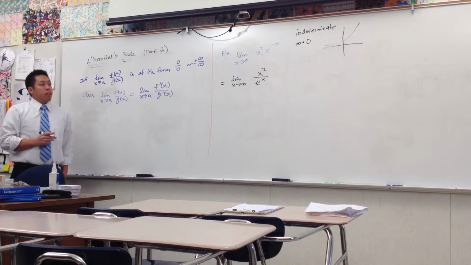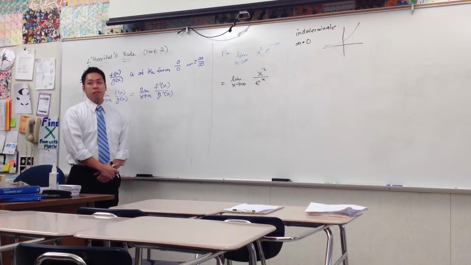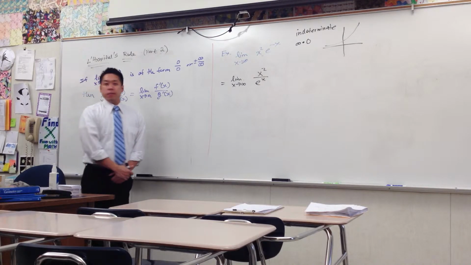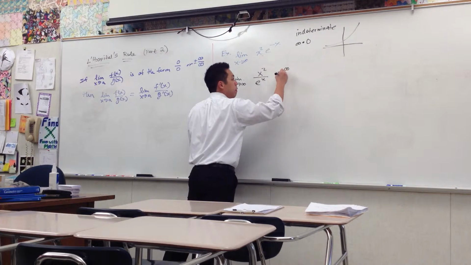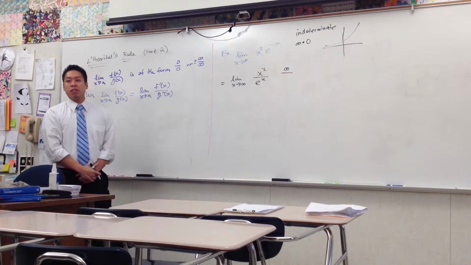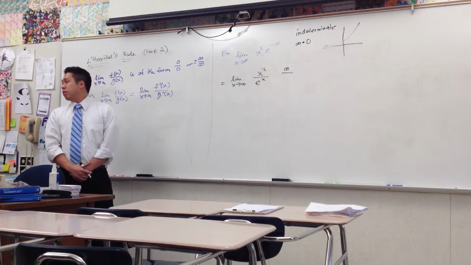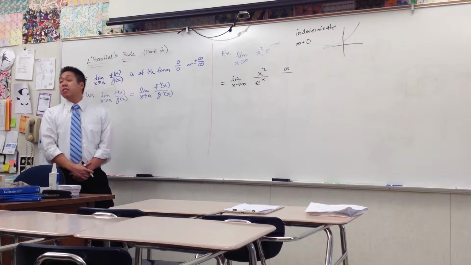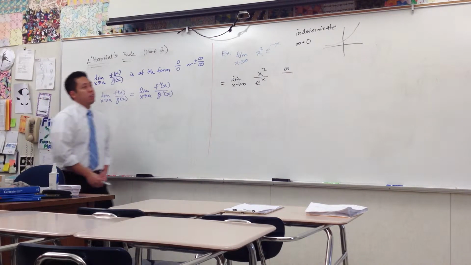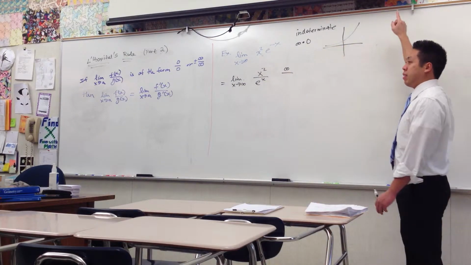Now try to plug it in again. On top you have infinity, and then on the bottom you have e to the x, so you plug it in, you have e to the infinity. So if you go this way, your graph goes towards infinity.